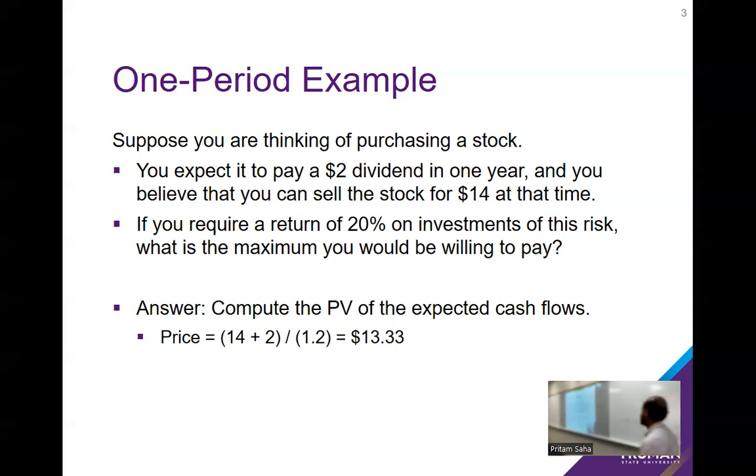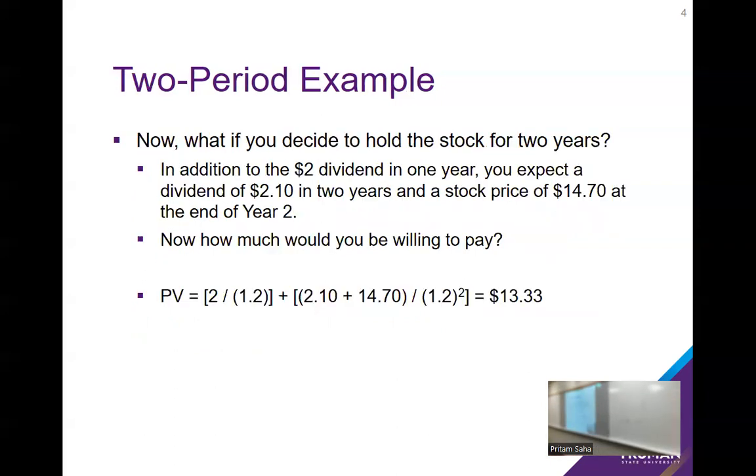Okay, then move on. This is one period, like you want to invest today, you want to liquidate next year. Two period example. Dividend 2 in 1 year, 2.1 in 2 years, and stock price of 14.7 at the end of year 2.